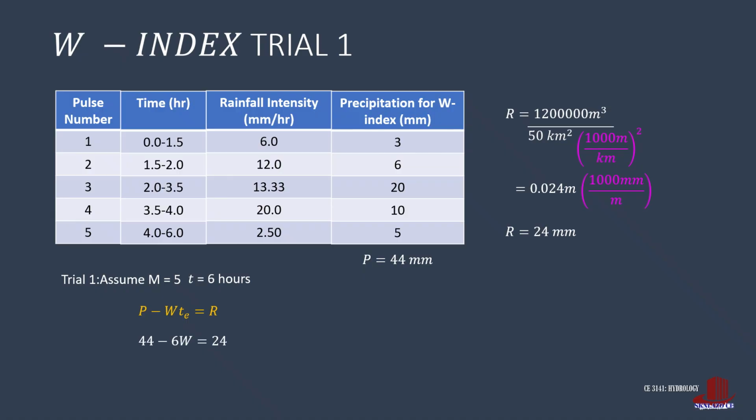The function then is 44 less 6W as equal to 24. Then the W index is 44 less 24 all over 6, simplified as 3.33 millimeters per hour. This value of W is higher than the last rainfall intensity of 2.5, which means there is a next iteration.